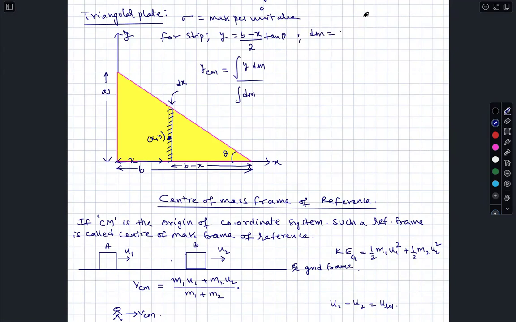Dm is nothing but sigma times (b minus x) tan theta times dx, the area.